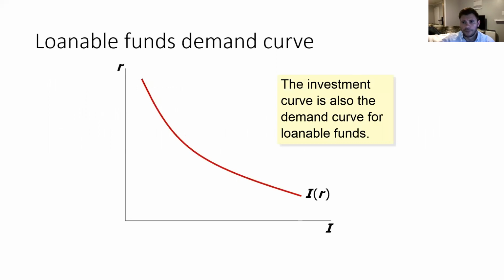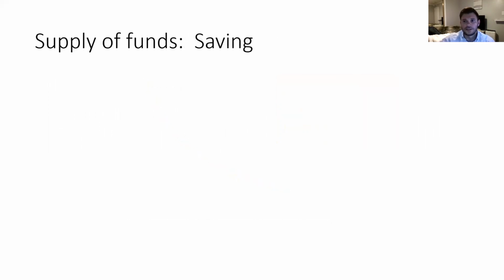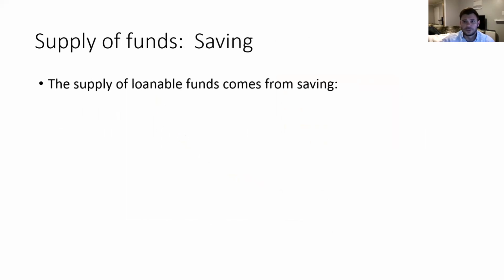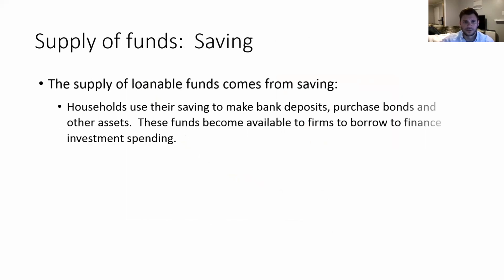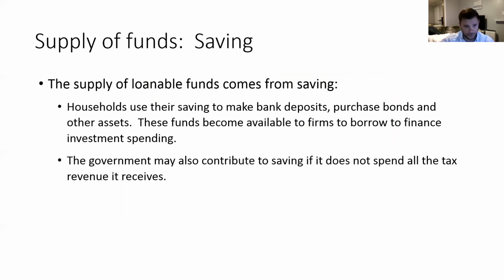However, the supply of funds, savings, didn't really slope upwards in the traditional sense of a supply and demand curve model. The supply of loans comes from savings, and there were two sources of savings. There was household or private savings, and there was also government savings.